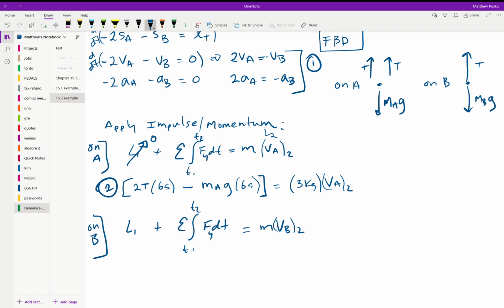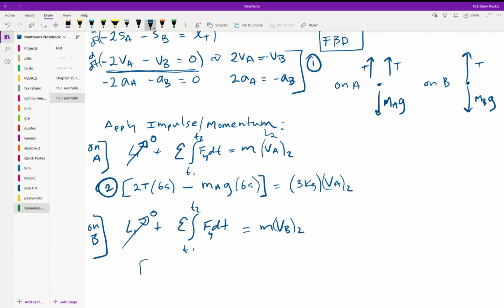Okay, so let's go ahead and cross that out because it started from rest. If one started from rest, the other started from rest. Their motion is dependent, right? If one velocity is 0, the other velocity is 0. Therefore, its momentum is also 0 to start with.